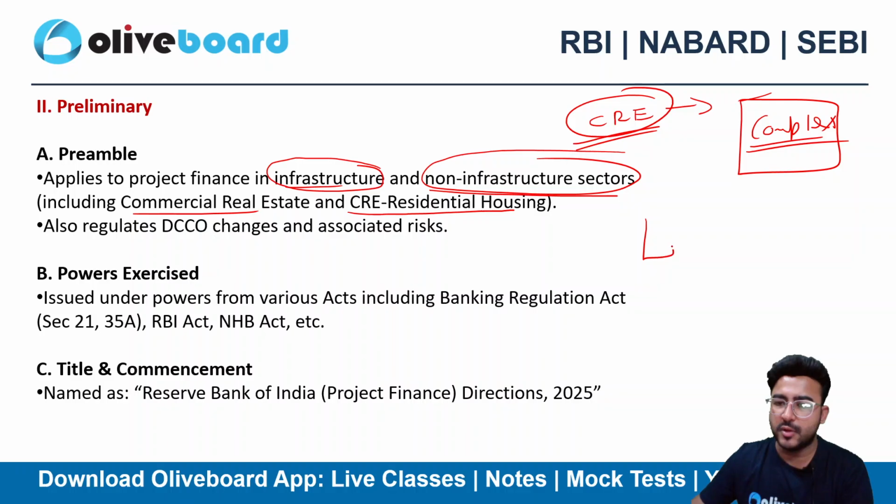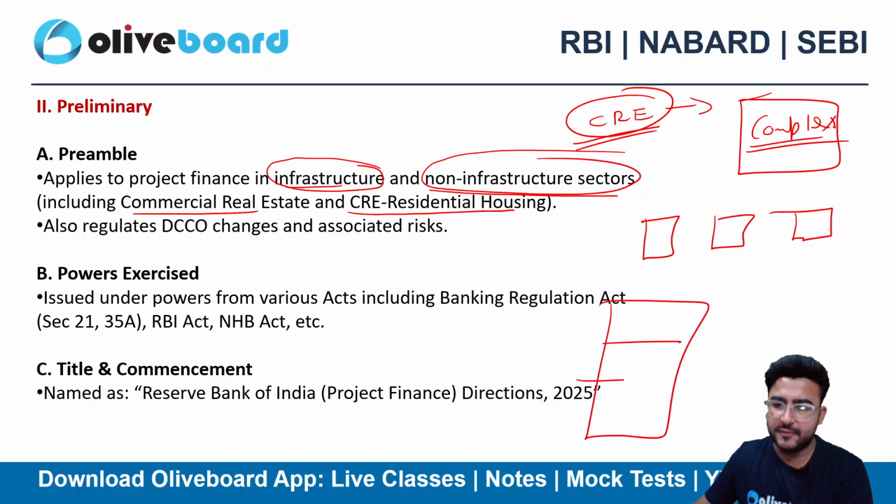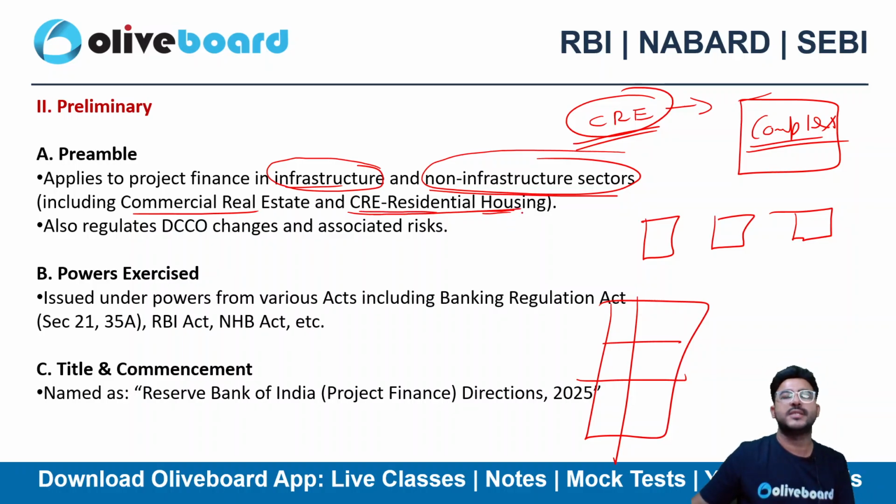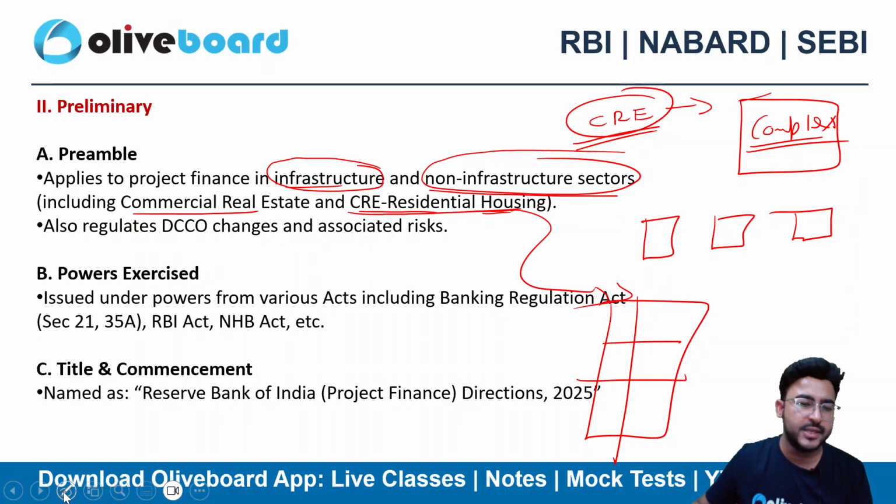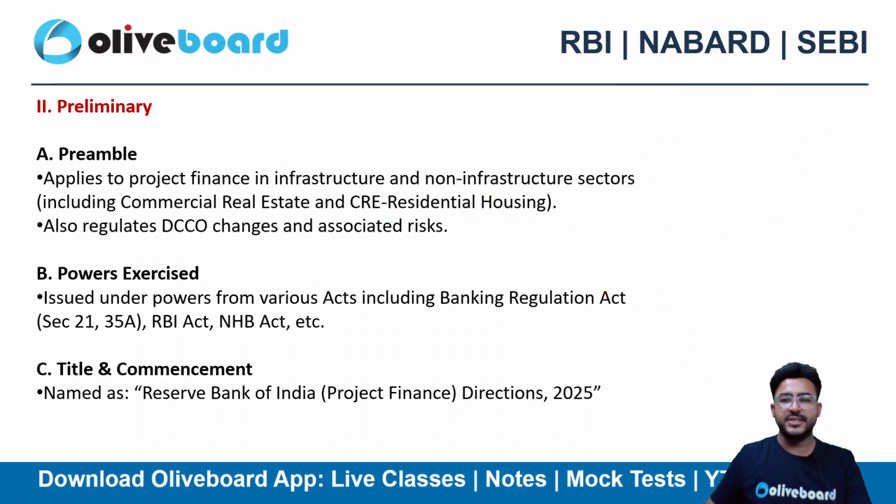However, you can also be preparing residential housing units, or you can be constructing flats as well, right? So that's commercial real estate residential housing. The end use is ultimately residential housing. So these are the two things that are included in this particular direction as well. This direction is applicable on CRE and CRE residential housing as well, right?